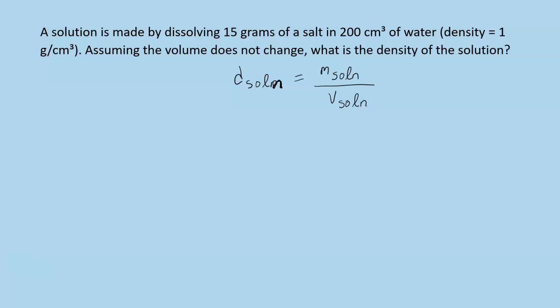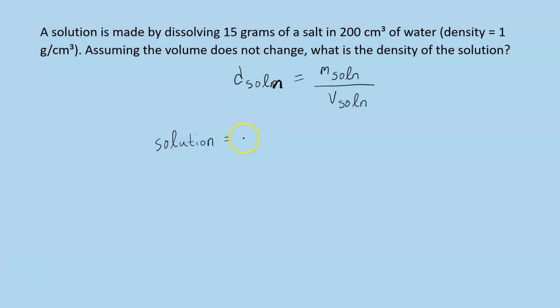Okay, now they give me the mass of the salt and the volume of water, but they do not give me the mass of the solution. But they give me the density of water so that I can figure out the mass of the water. So remember that the solution is going to be equal to the total of everything involved in that solution.